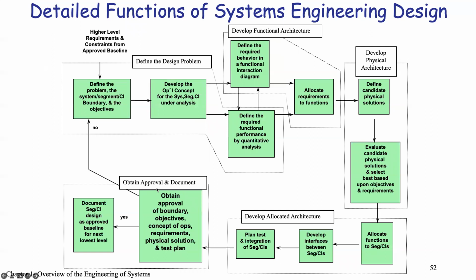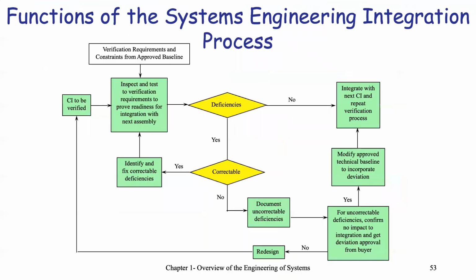This reflects the earlier diagram, but we have more details with these different blocks and these dotted lines that, depending on the resolution of your monitor, you may be able to see. These are the more detailed functions that need to take place in each one. There are a couple of other examples that we'll show through this course, like getting more detailed in the NASA model, but this is Buede giving more perspective on that.